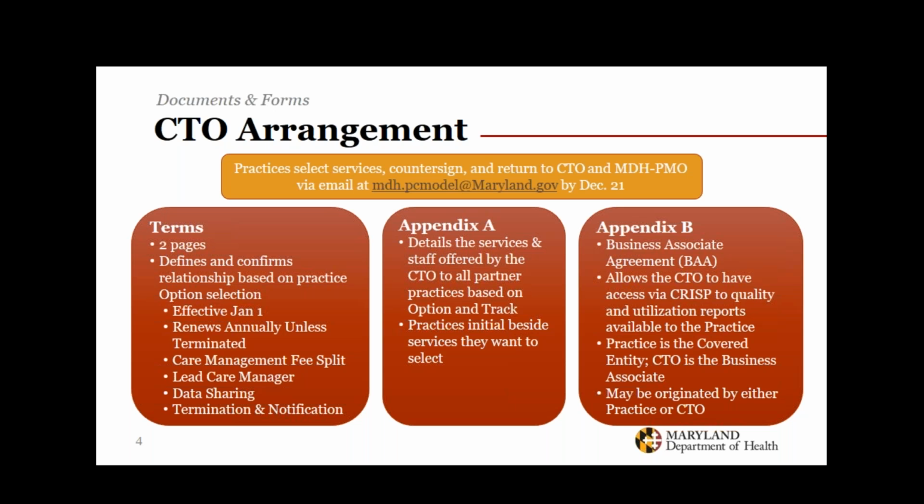And the CTOs will know which option their practice has selected so they can send them the right template for this. You will need to execute it and send it back to the CTO as well as the program management office here at the department at our email address, mdh.pcmodel@maryland.gov.